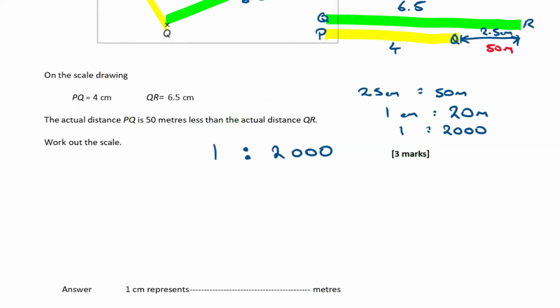I just scrolled down a little bit more and realized the answer is a whole lot easier than I first said, because it says 1 centimeter represents, it's going to be 20 meters. Now I did a proper scale ratio here, 1 to 2000. That's probably what you'd actually see on a map. But they want just 1 centimeter represents 20 meters. So this last step that I did was a little bit superfluous, but anyway.